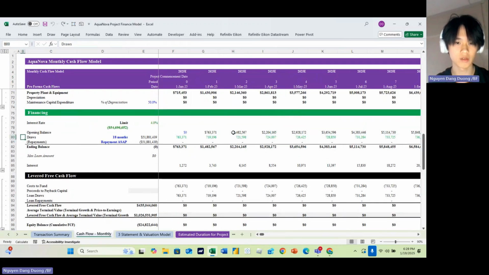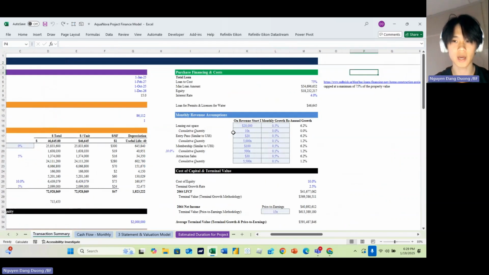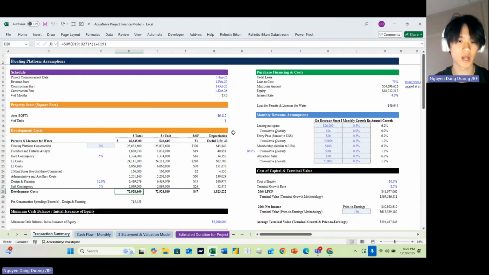Now let's talk about our financing assumptions. We want to be below the limit of $54 million because there's a cap. Bank loans are capped at a maximum of 75% of the property's value. Therefore, this is how much we build our property for, and 75% of that is 54 million.